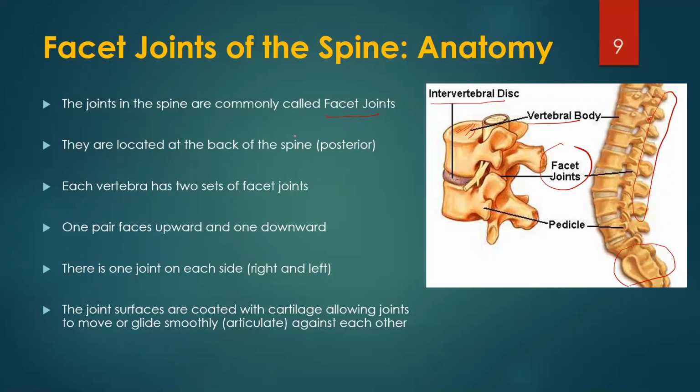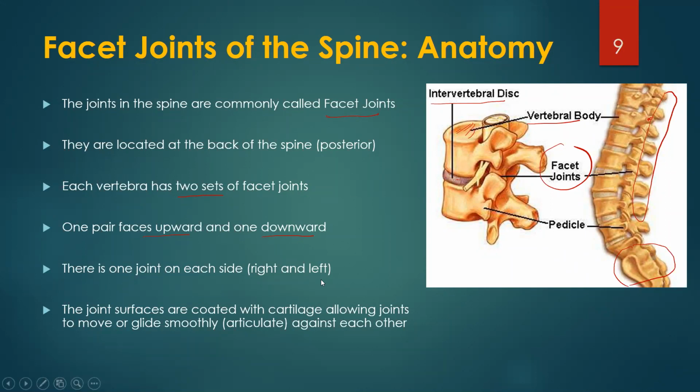So for the facet joints, there are a total of two sets of joints: one pair on the upper side and one on the lower side. And finally, the intervertebral disc.